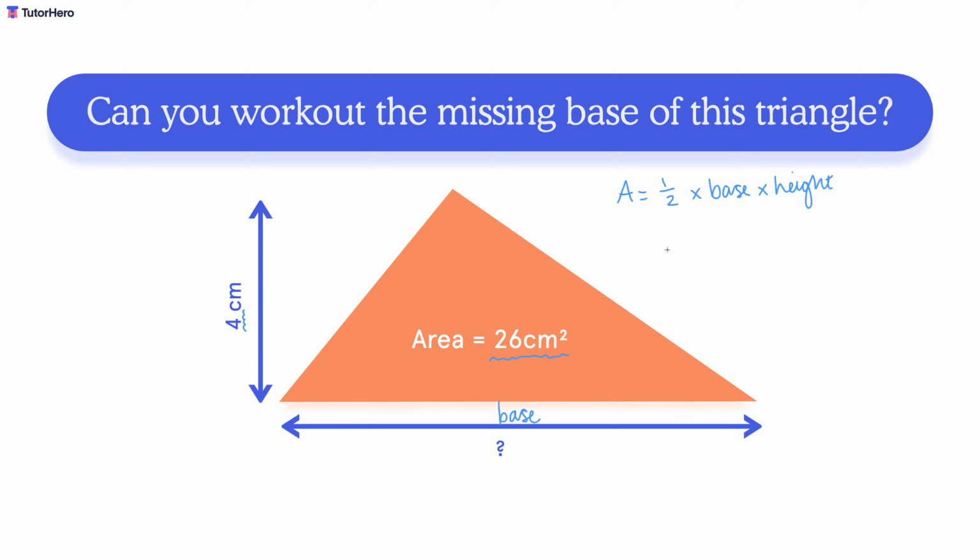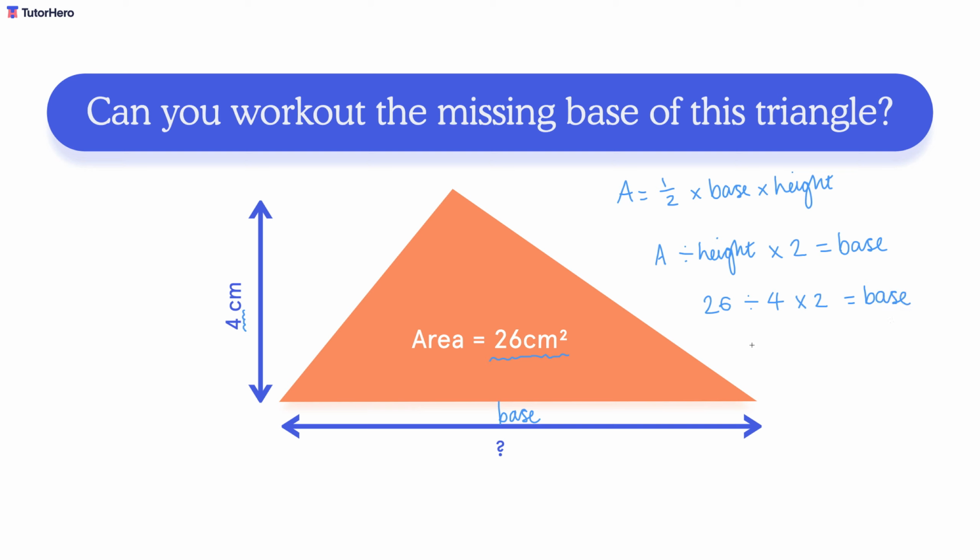We can work this out by doing the area divided by the height times 2, which will give us the base. So we know that the area is 26 centimetres squared divided by 4, as 4 is the height, times 2, which will give us the base.